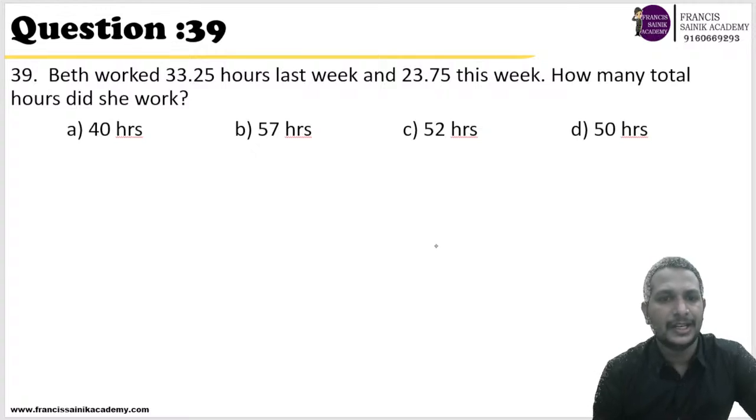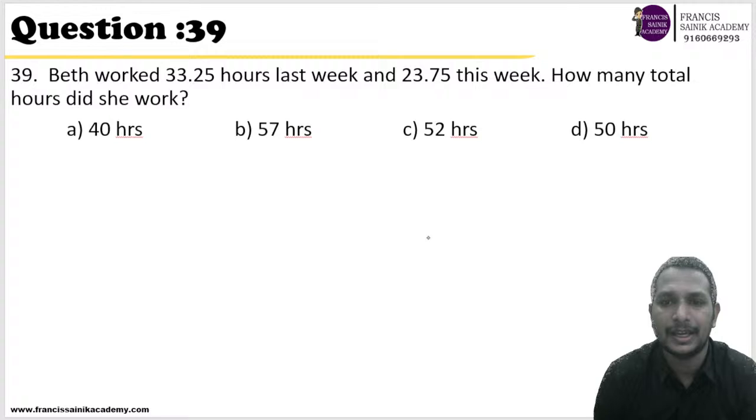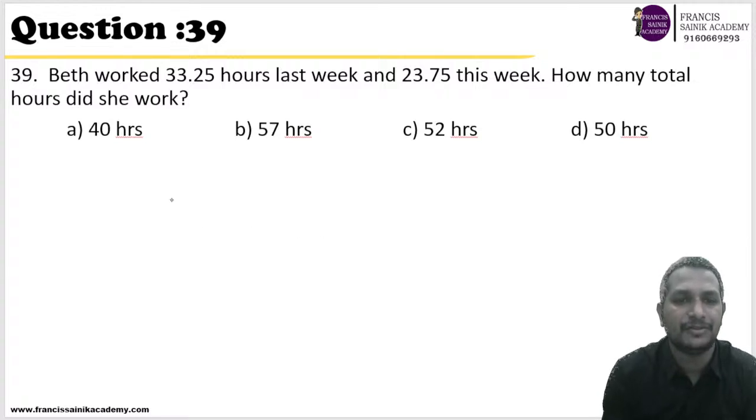Beth worked 33.25 hours last week and 23.75 this week. How many total hours did she work? The total hours is nothing but last week hours and this week hours, right? Total equals 33.25 plus 23.75.